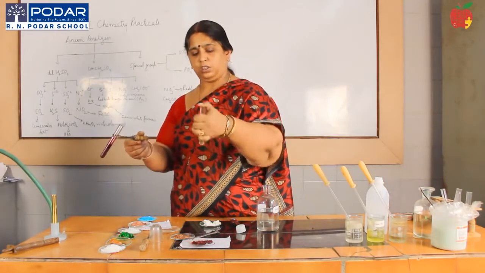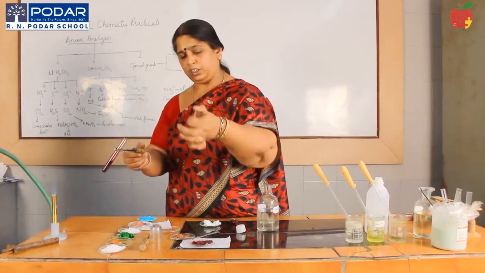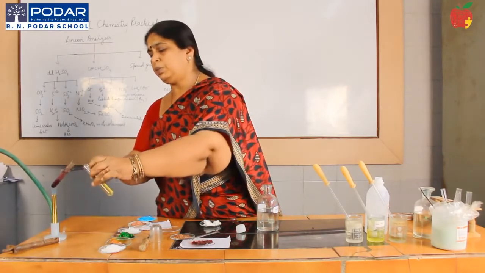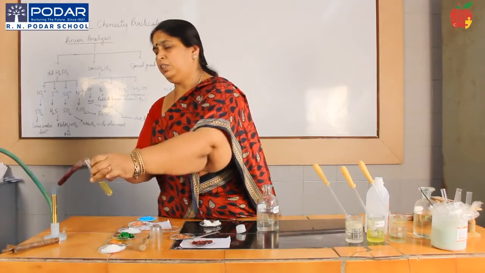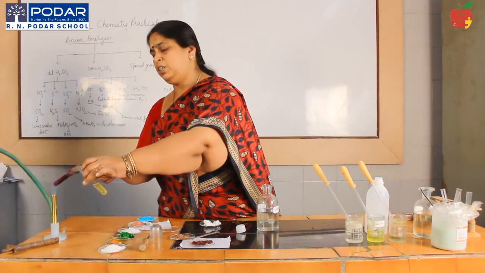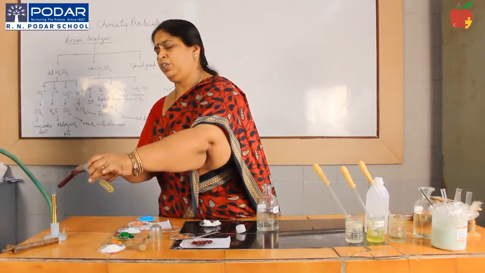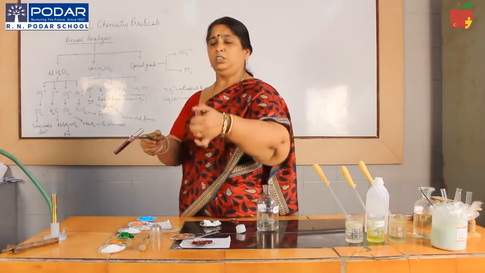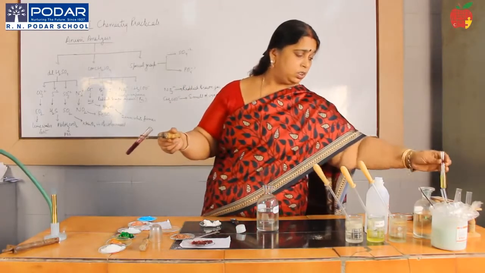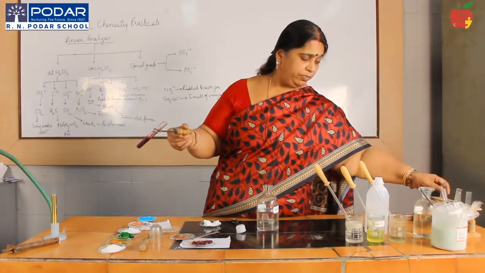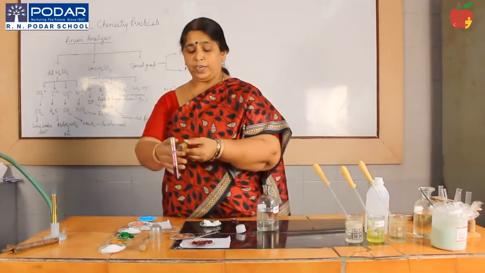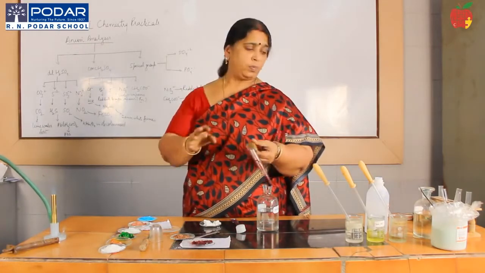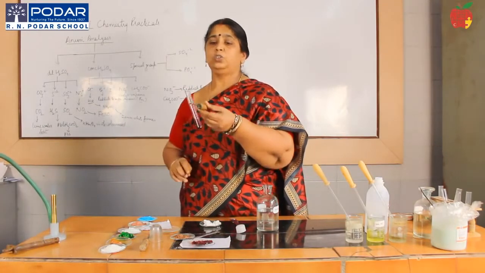And you close the thing and just shake. You can see that it becomes black in color. Ferrous sulfate will become black in color because of the passage of this NO2. So when you added this salt solution, added a drop of concentrated sulfuric acid, you saw some fumes.